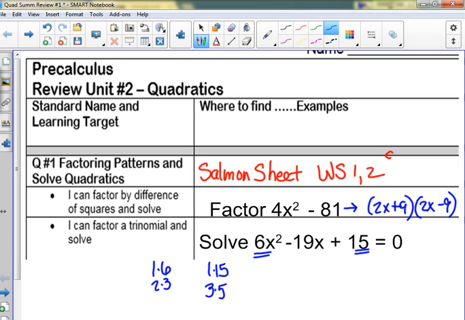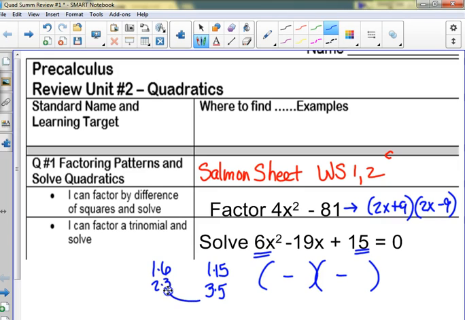Okay. I have to figure out what the signs are going to be. What are the signs going to be when I have a plus back here and a minus in the middle? To make a positive 15, multiply to make a 15, but add up to negative, they're going to both be negative. Yes. All right. So now I know that I'm going to have to add something together to get 19.